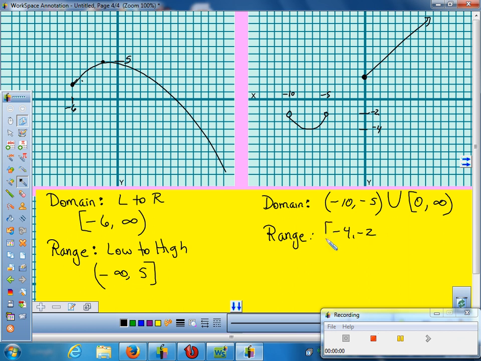It's -4, that's a bracket. But the 2's are open, parentheses. Then I'm going to union it, and I'm going to go up here. What's the lowest point on this piece? 3, with a bracket, because it's closed in, and it goes to infinity.